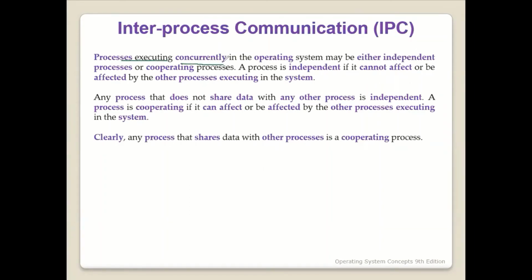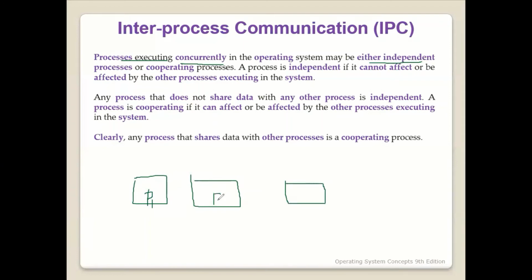Remember the word concurrently, it's like at the same time, simultaneously. So let's assume 2 or 3 processes are concurrently executed. Sometimes those 2-3 processes may be independent processes. What I mean by independent is, let's say you are executing one process, this is P1, and you have another process and then another process.